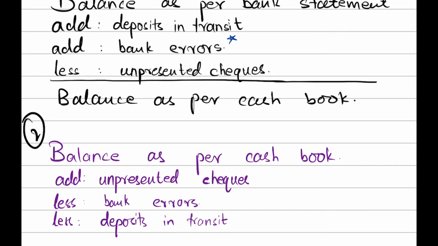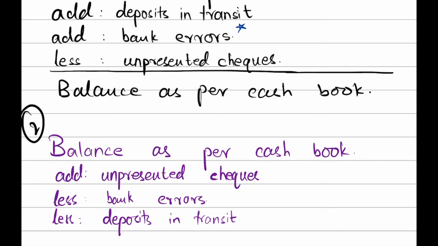So now we're going to go up to the next part, which is balance as per cash book. Now remember, we are trying to now match the cash book's bank balance to the bank statement's bank balance. So now we're going to add the unpresented checks because we have deducted this amount from our cash book and the bank has still not let this amount out of the bank account because they have not yet approved or processed the check.